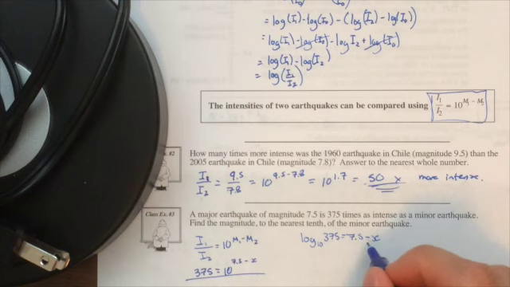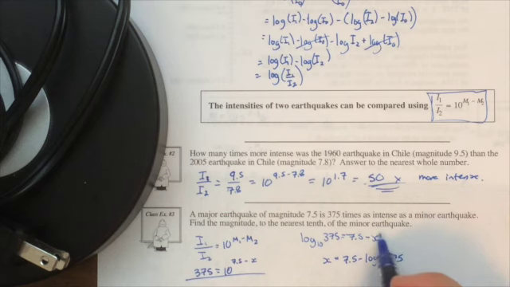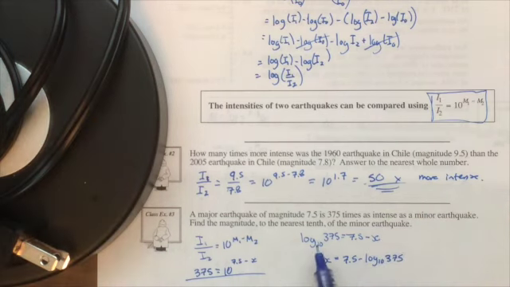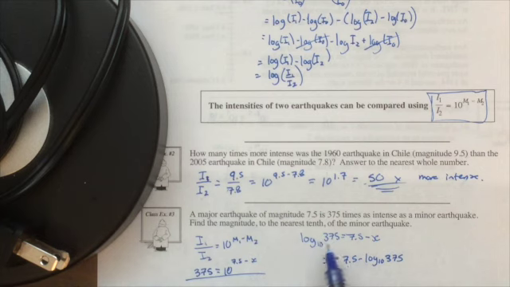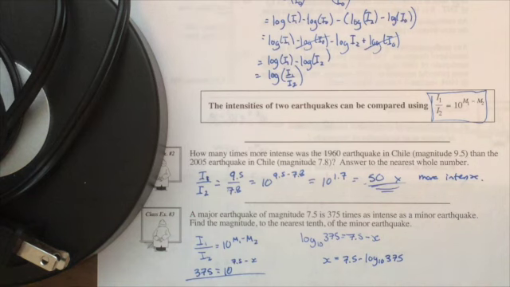If I were to switch these around, so X is positive, I'll have 7.5 minus log 10 of 375. So again, all I did was I added X to both sides and subtracted log 10 of 375 from both sides, leaving me with this expression. If we were to put in log 375, we're going to get an answer of 2.5740, but I'm just going to round that for now.